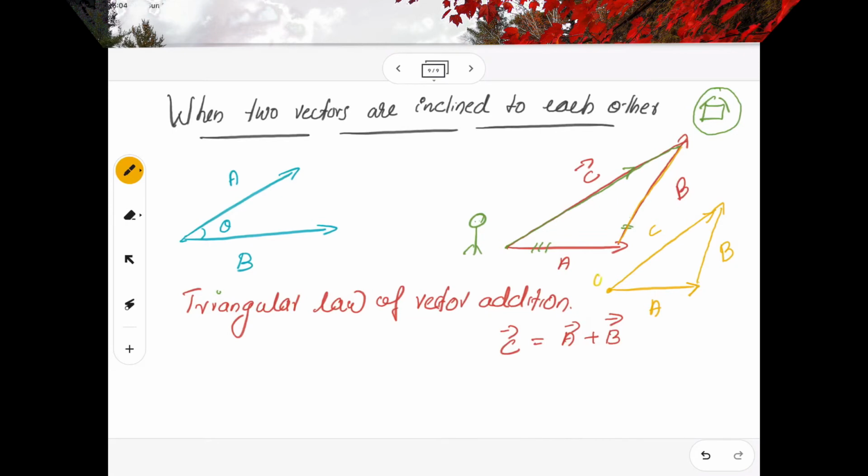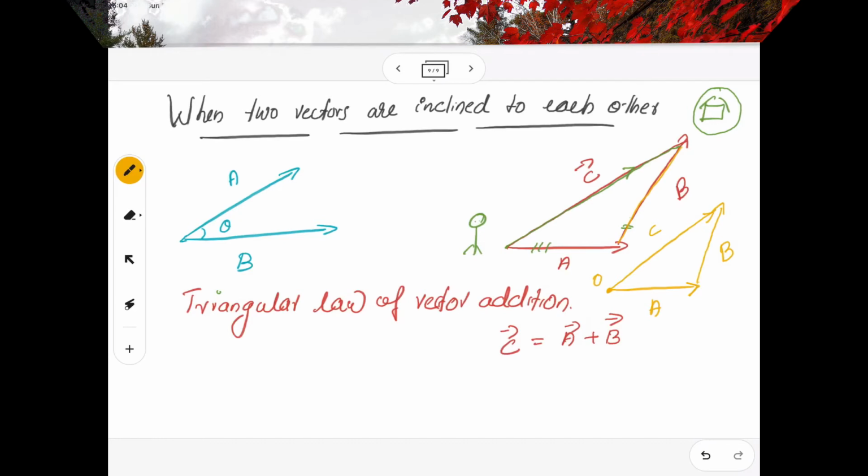So if O is the origin, vector A and vector C start at the same origin. Then only you can take A plus B equal to C. Otherwise, we have to take it in the reverse order. There is no problem. You will be taking the sum of vectors only in a particular order.